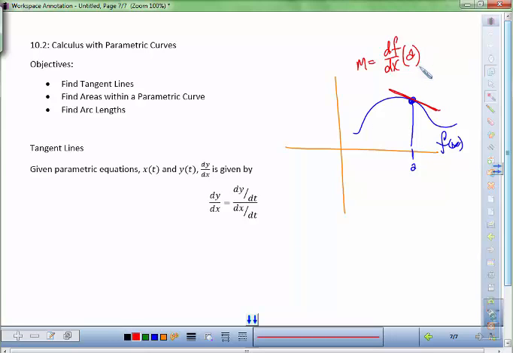So df dx evaluated at your a value, whatever that x value is for that point. And that will give you the slope of that line.